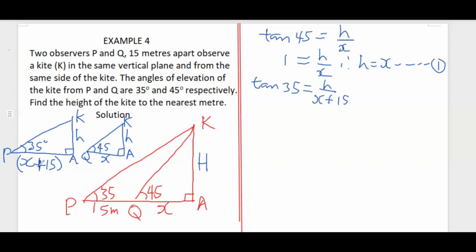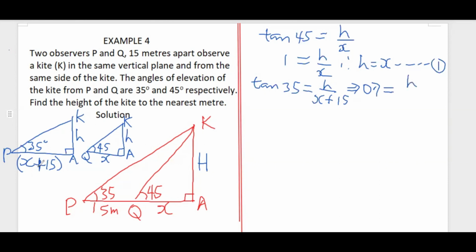So tan 35 from your calculator will give us 0.7. It is actually 0.7002, but let's take 0.7 there.